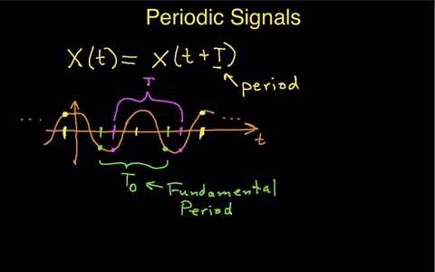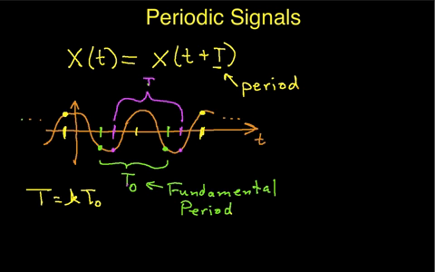So if a signal has a fundamental period of T0, it's also periodic whenever you have T equal to some integer k times T0. So a signal has a fundamental period T0, and then it's going to be periodic at 2 times T0, 3 times T0, and so on.